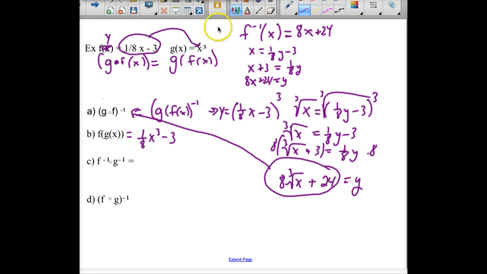And then the inverse of g, again we have y here, so we're going to switch those variables. So we have y equals x to the third, and we're going to switch the variables and then take the cube root to solve for y.